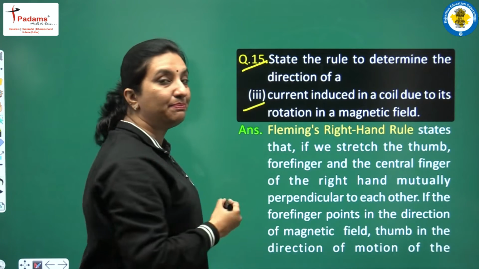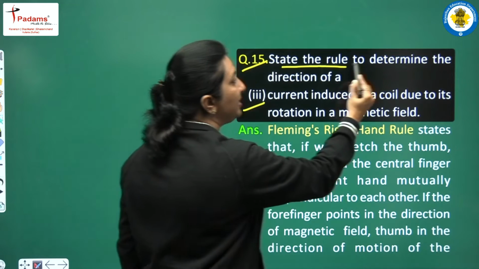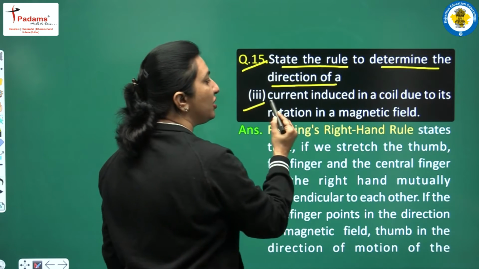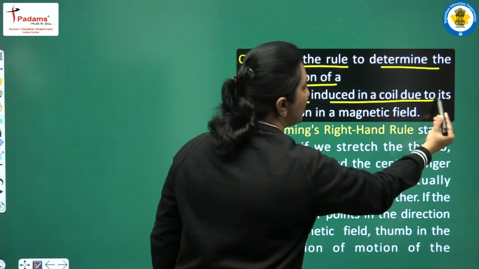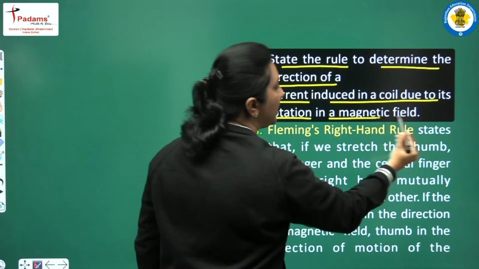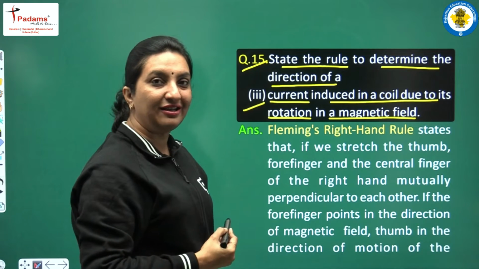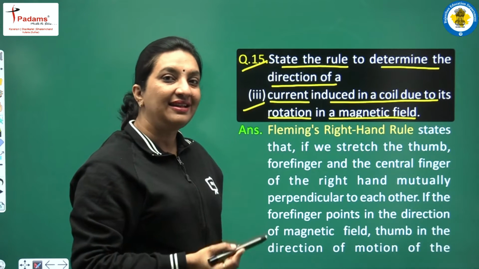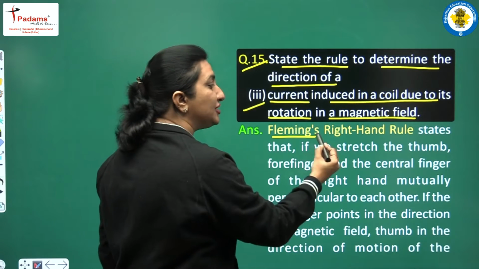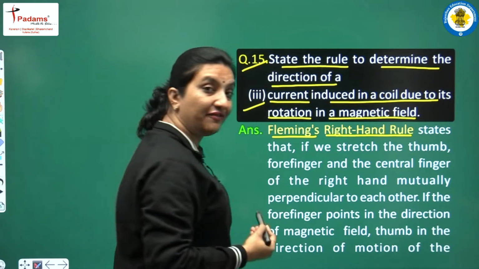Question number 15, part 3. State the rule to determine the direction of a current induced in a coil due to its rotation in a magnetic field. Now, as we know, students, the answer is Fleming's right hand rule, and we will give the statement.